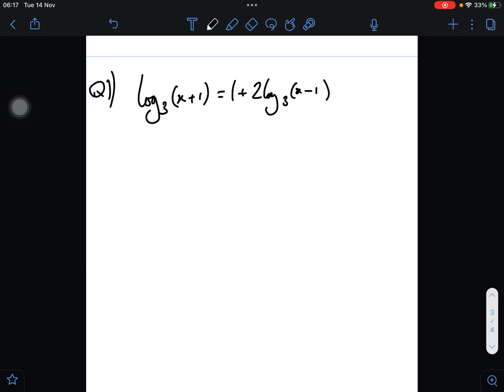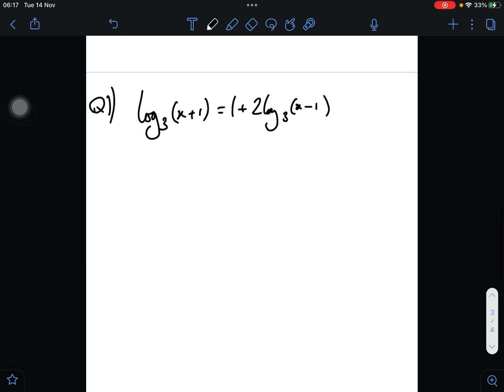So if we see a question like this and we've got logarithms of the same type, our first step really is to get all our logarithms to one side. So let's take this one across, or you could take the other one across as well. So we get log 3 of x plus 1 minus 2 log 3 of x minus 1 equals 1.